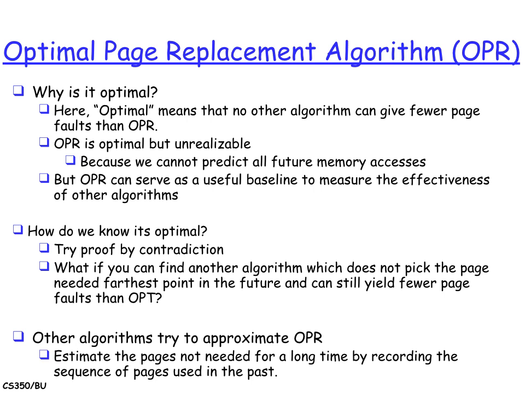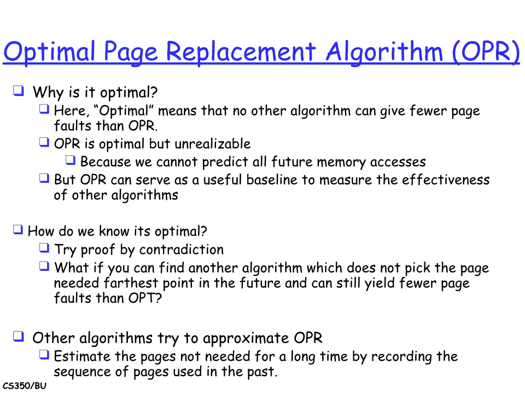So again, how do we know it's optimal? You can try proof by contradiction. You can assume there's another algorithm that does better than OPR, which doesn't pick the page that's accessed at the farthest point in the future. And then you can find a situation where you can pick another page which is accessed at the farthest point and show that it will lead to fewer number of page faults.